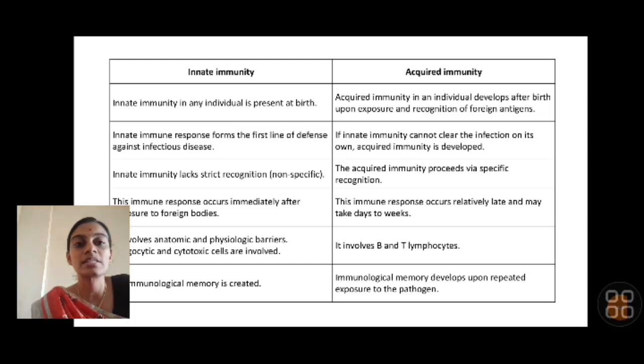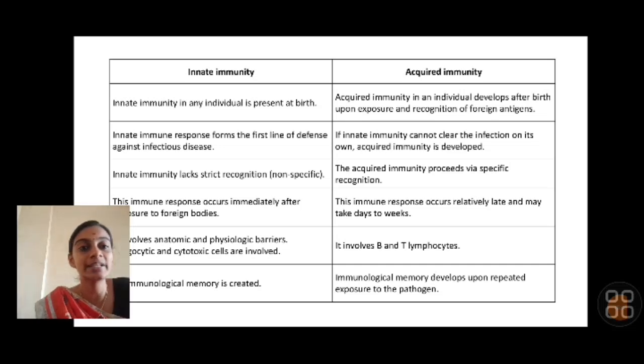These are the several differences between innate and acquired immunity. In innate immunity, any individual gets this immunity at birth, whereas acquired immunity develops after birth upon exposure and recognition of foreign antigens. Innate immune response forms the first line of defense, whereas if innate immunity cannot clear the infection, acquired immunity is developed.